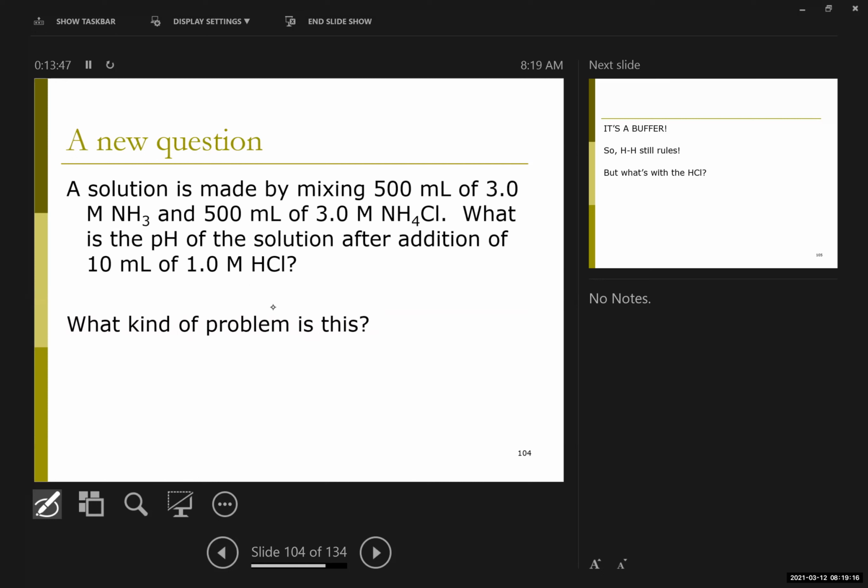because whatever happened before the HCl was present is irrelevant. When I mix the ammonia and the ammonium chloride, it reaches equilibrium and I have a buffer. But again, my buffers aren't static. It's not like anything stopped happening. All of the equilibria in my ammonia and ammonium chloride mixture are constantly going back and forth.